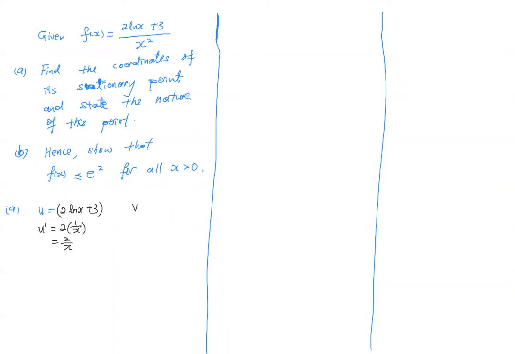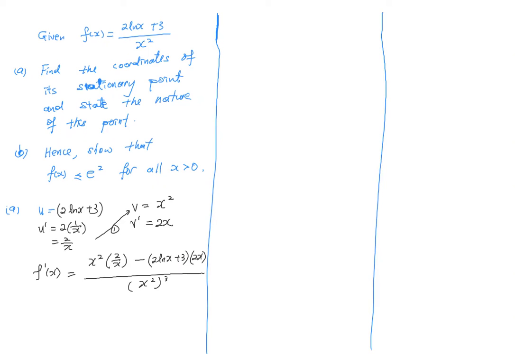Your v is x squared, so your v prime is 2x. You put into the quotient rule formula this way. Write down properly: x squared times 2 over x, take away, always this way first, then (2 ln x plus 3) times 2x, the whole thing over x squared, squared.